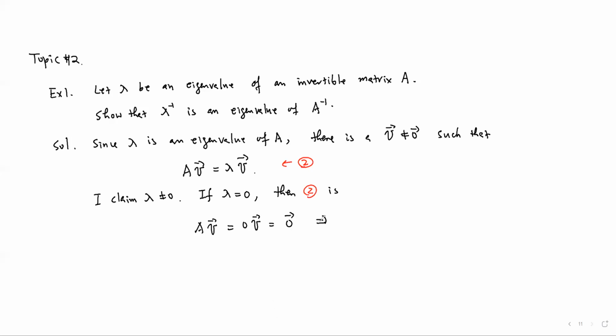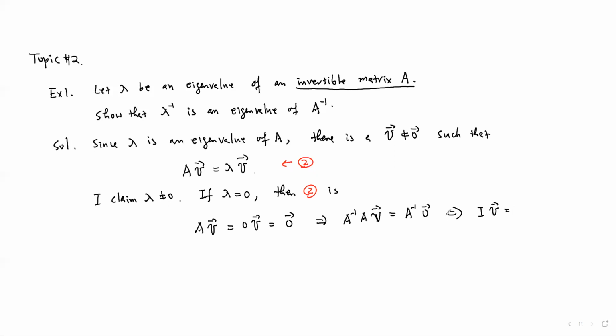Now A is invertible, so multiply by A inverse from the left-hand side. A inverse A cancels and becomes the identity matrix.